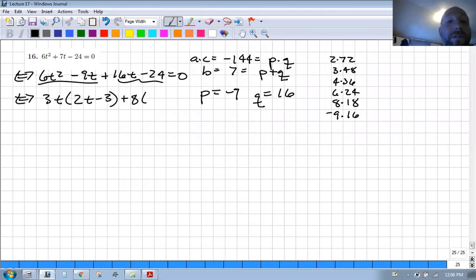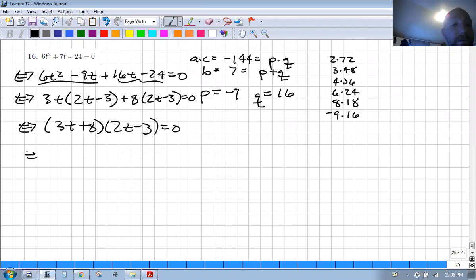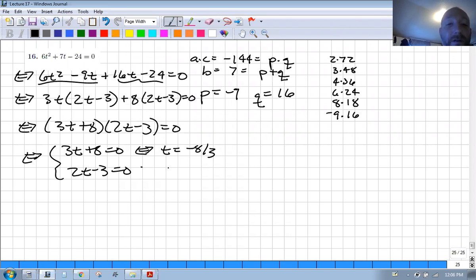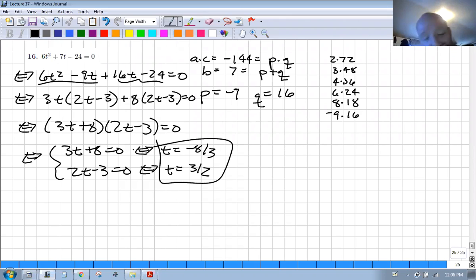That'll give us 2t minus 3 again. So we got 3t and 8, both times 2t minus 3. So either 3t plus 8 is 0 or 2t minus 3 is 0. So t is negative 8/3, and t is positive 3/2. And those are two solutions.